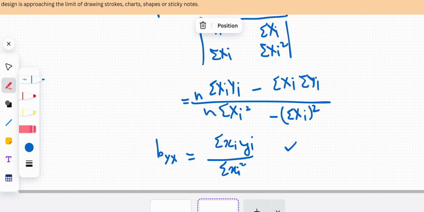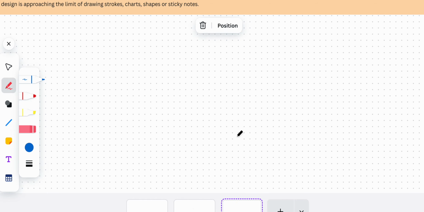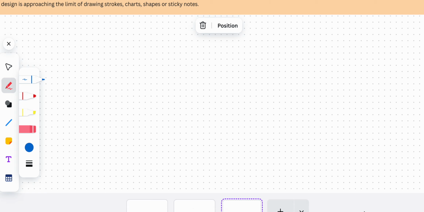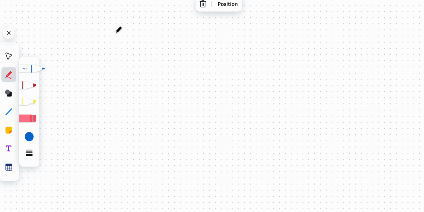Now wait, let's go to a new page. Yeah, so I'll start with a new thing.